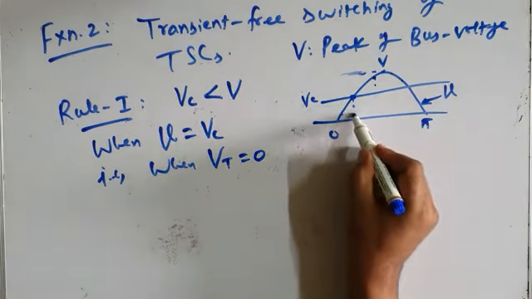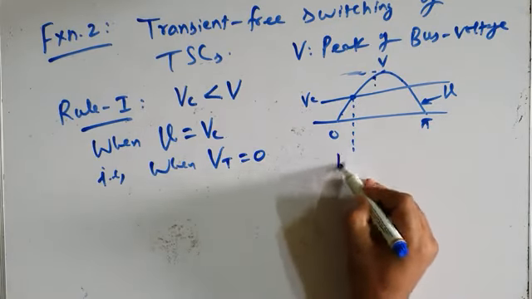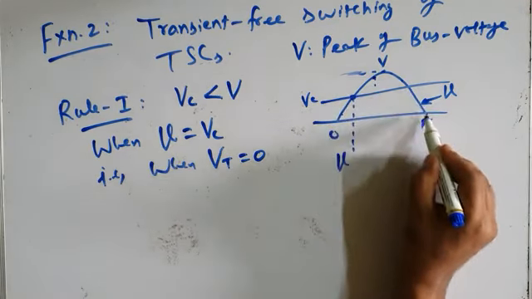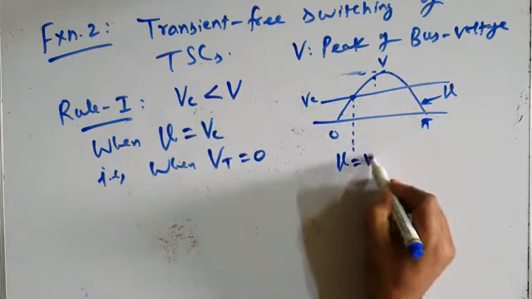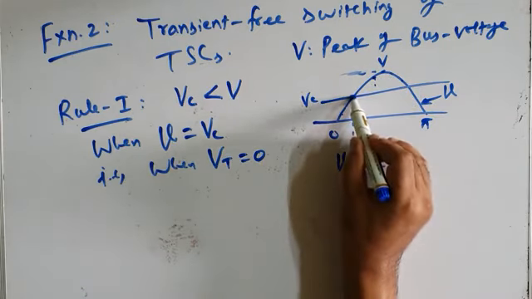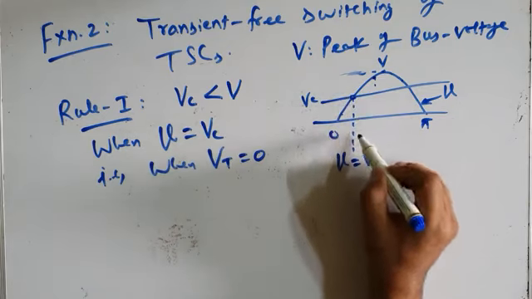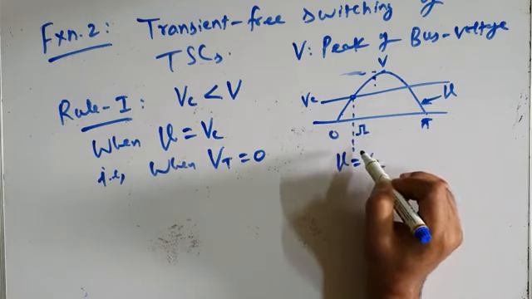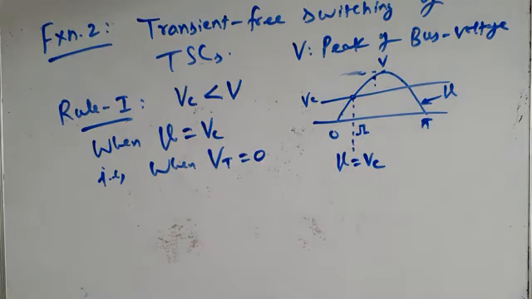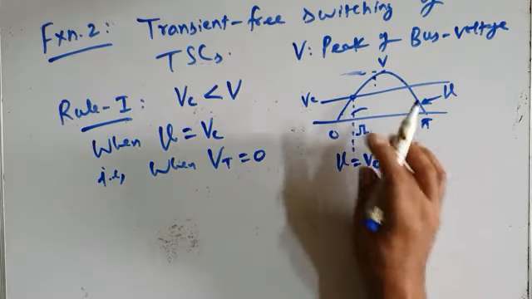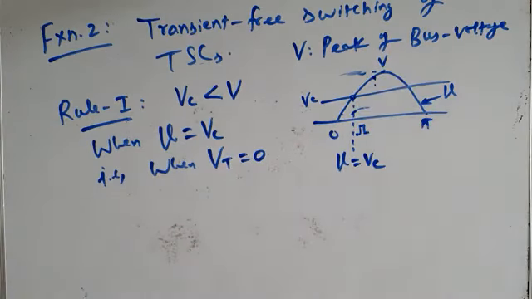This is the instant at which the instantaneous applied voltage or bus voltage is exactly equal to VC. When it becomes equal to VC, the capacitor voltage, firing pulse should be issued to the TSC branch, and the TSC branch will turn on in a transient free manner. It will draw current like this. I mean, there will not be any transient current.